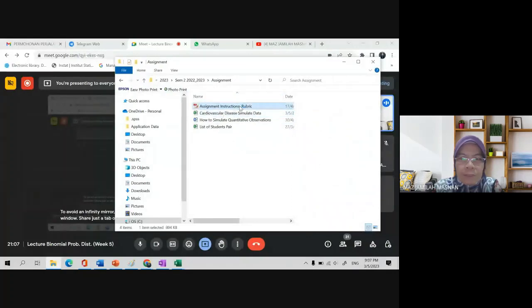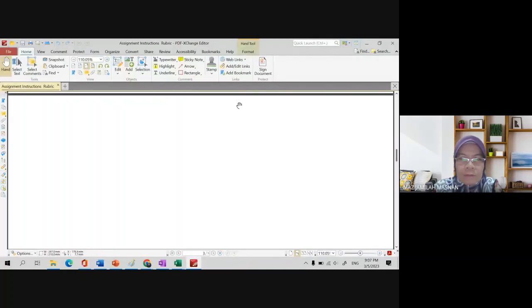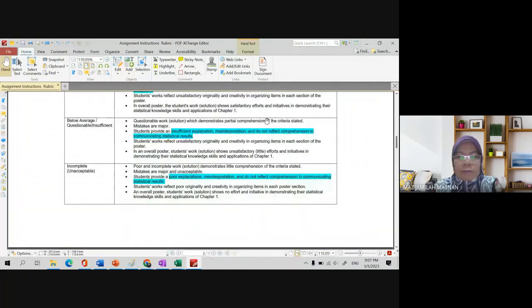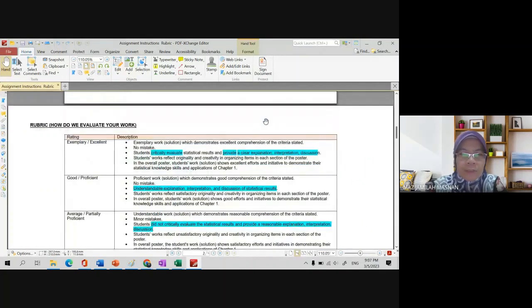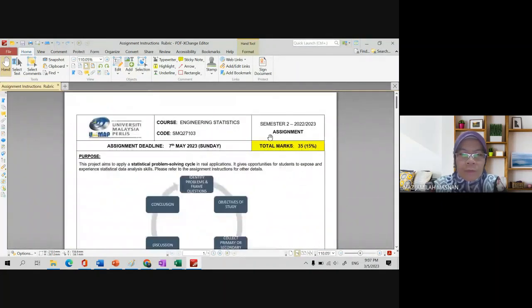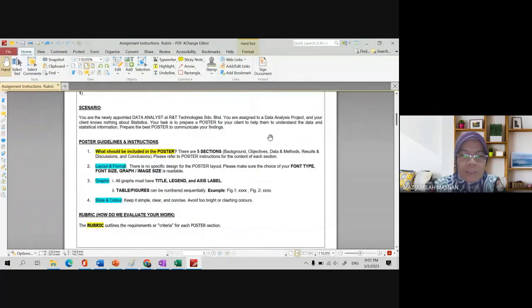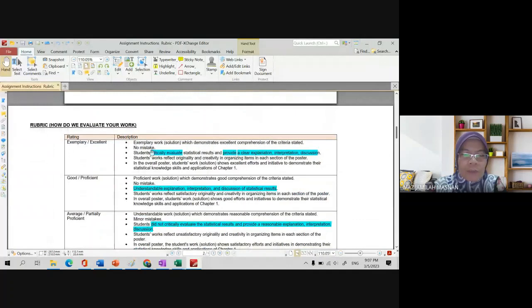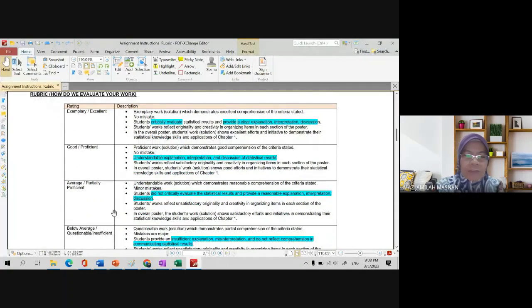assignment, kalau kita tengok, okay, rubrik. Okay, for your assignment, for those who have already come and see me, I have explained that you can look at the rubric here, how we evaluate our students on who should deserve the exemplary rating, good rating, average rating, and below average rating.